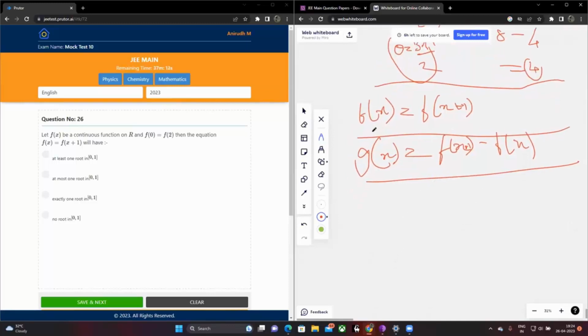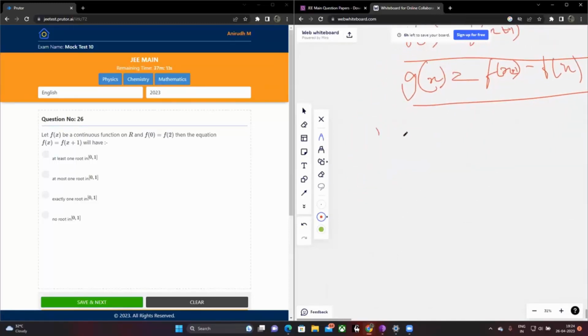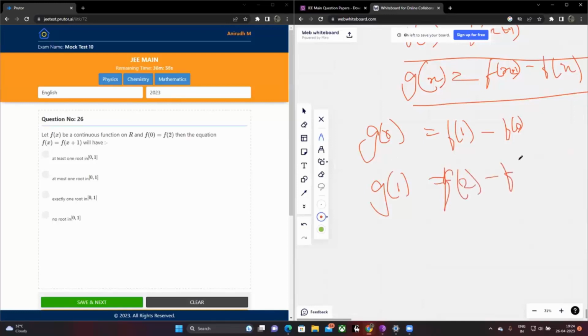Right? So now at 0, what we have is g(0) equals f(1) minus f(0). And at 1, you have g(1) equals f(2) minus f(1). So basically, g(0) plus g(1) is f(2) minus f(0).